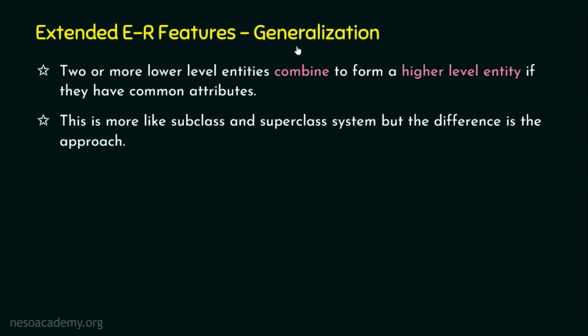This is more like the subclass and superclass system in inheritance, but the difference is the approach. Specialization is a top-down approach, whereas generalization is a bottom-up approach, because two or more lower level entities combine to form a higher level entity.